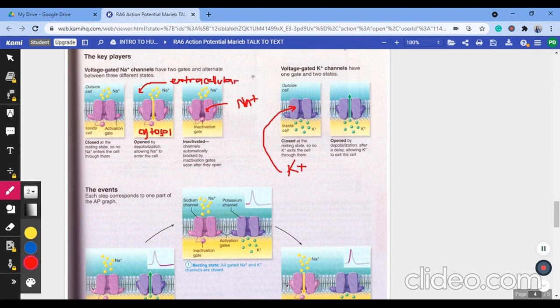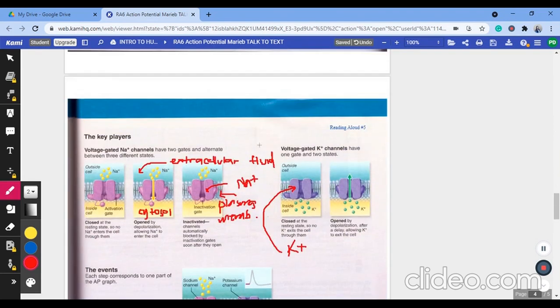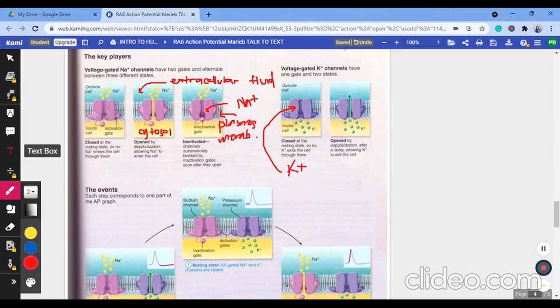And the lines right here are probably the plasma membrane. So I just wanted to put that right there so I'm not confused about the parts.